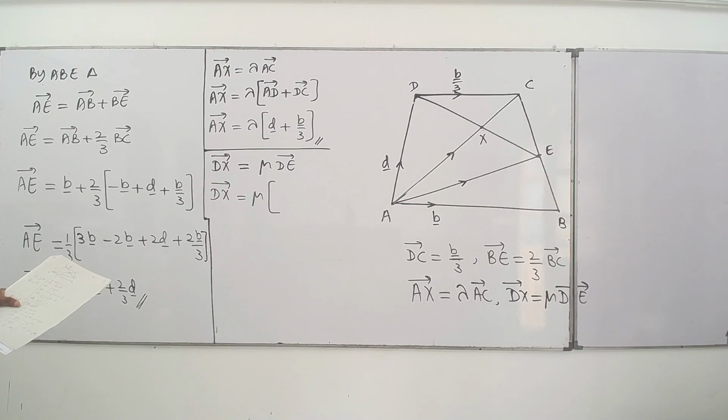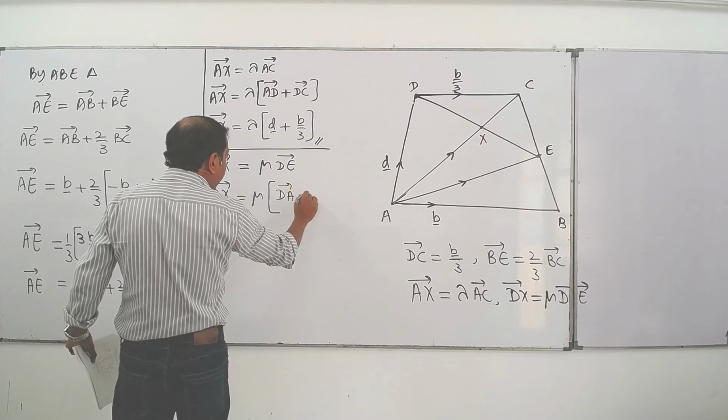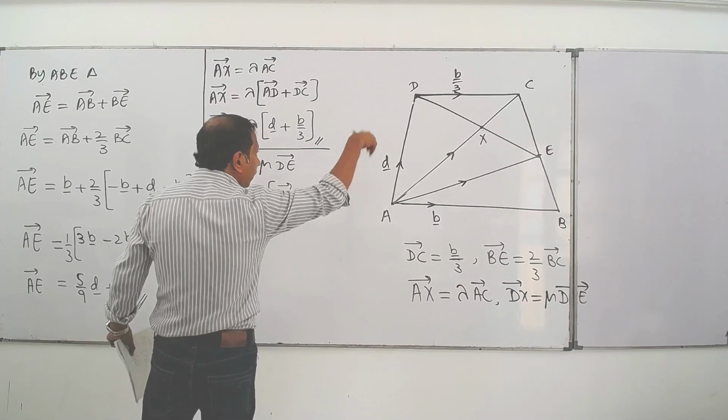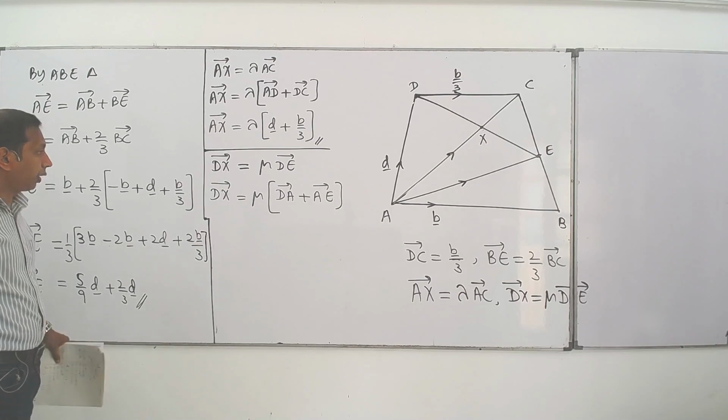We need to find DE vector, that we can write as DA plus AE.